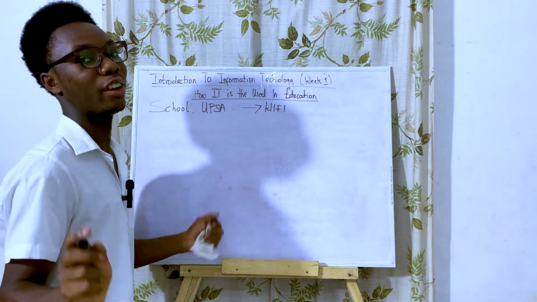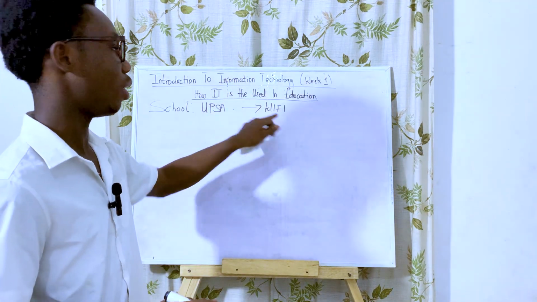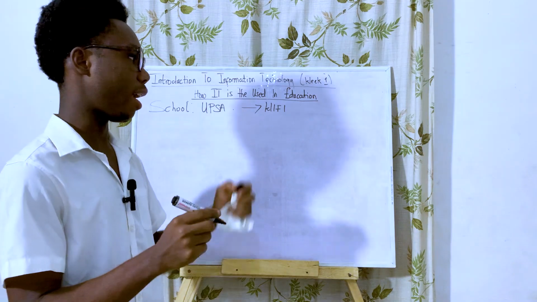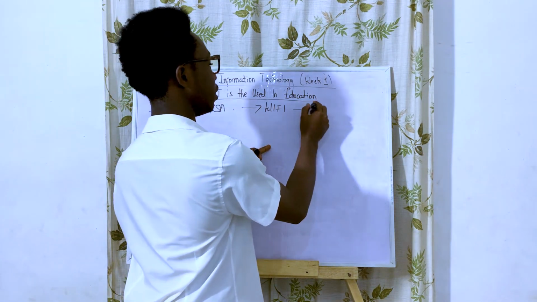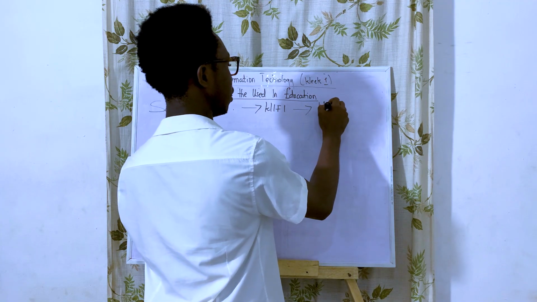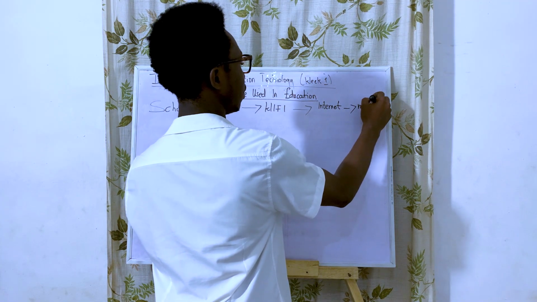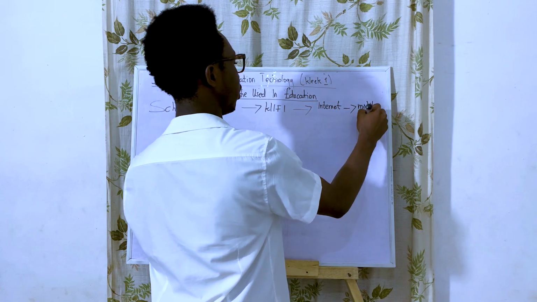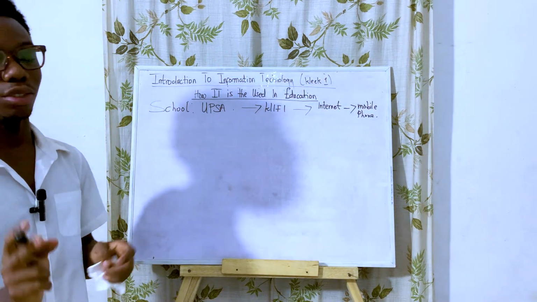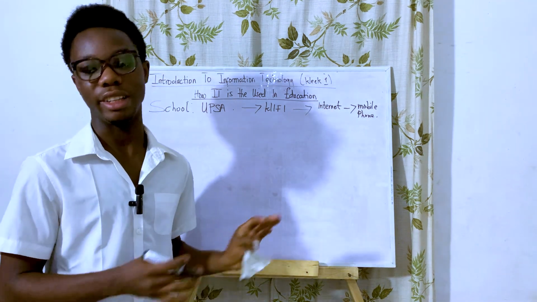Don't ask me for the Wi-Fi password. Go and look for it yourself. We have so many Wi-Fi, and you have access to the internet through your mobile phone. As a student, you have access to the internet because you have a SIM card in the phone.